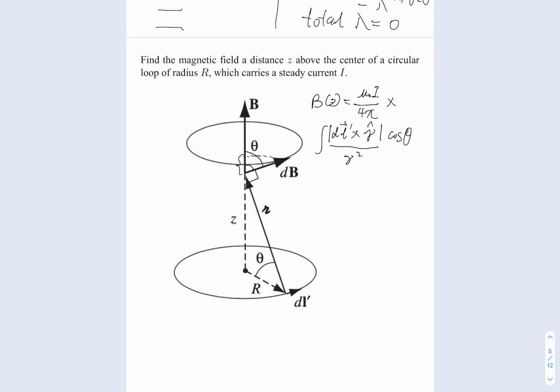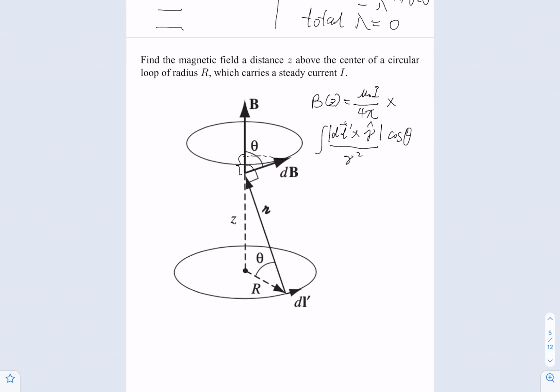Here this theta is over here, so the cosine theta simply takes the projection of this magnetic field. And now this dl and the separation vector are always perpendicular to each other if we are restricting to the z-axis. So for this cross product, the angle between the two is always pi over 2.